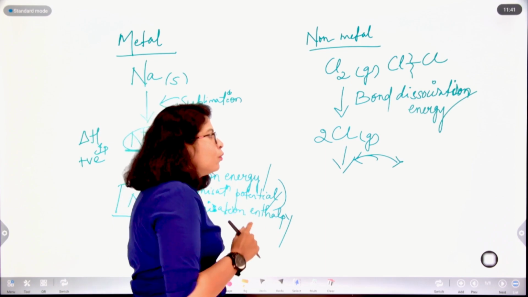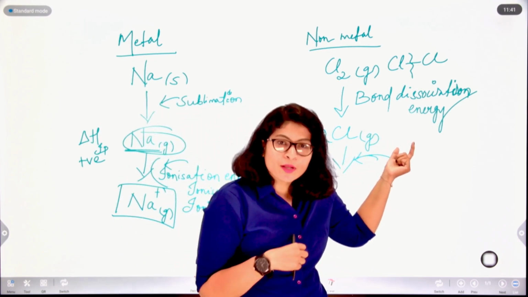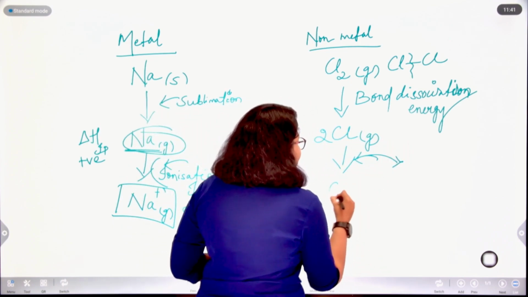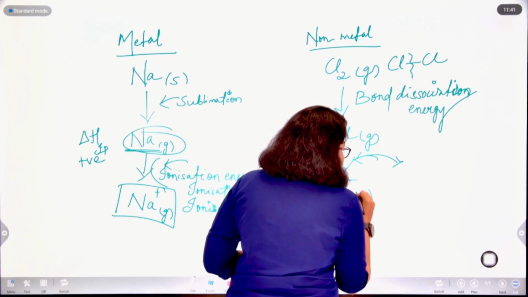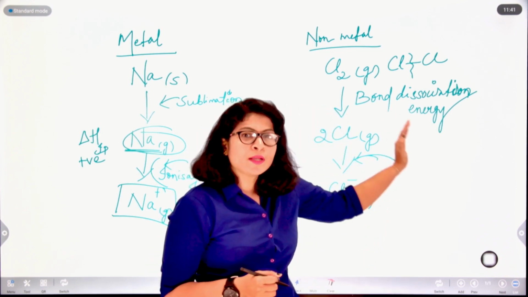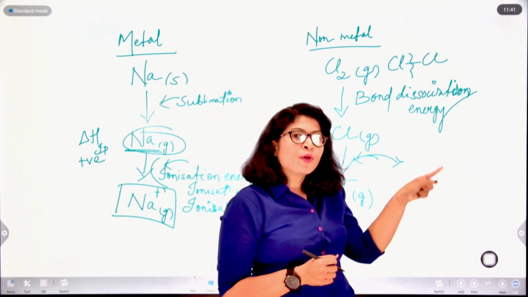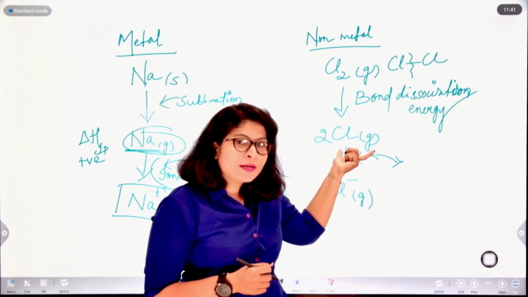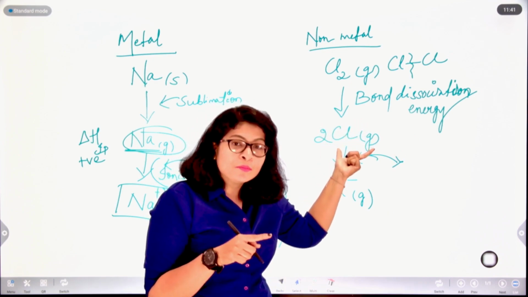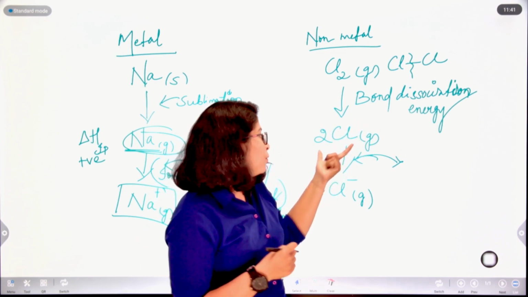Okay, so chlorine takes up one electron to form a Cl negative gas ion and it releases some energy in the process. The amount of energy released when a neutral isolated gaseous atom gains an electron.